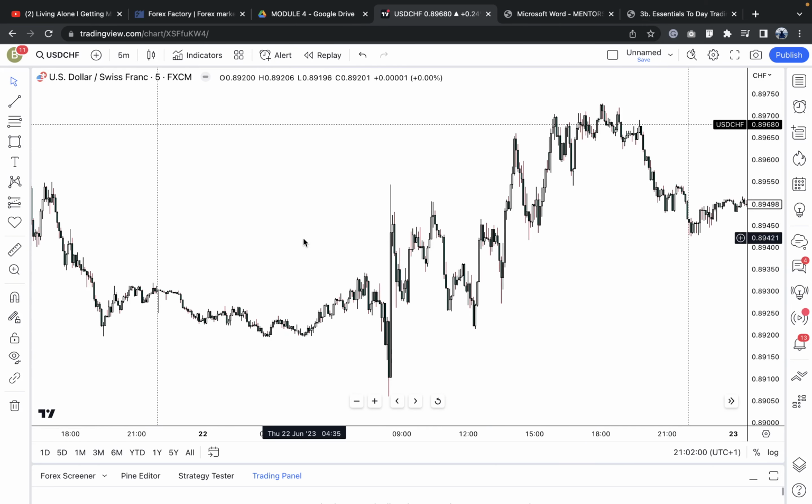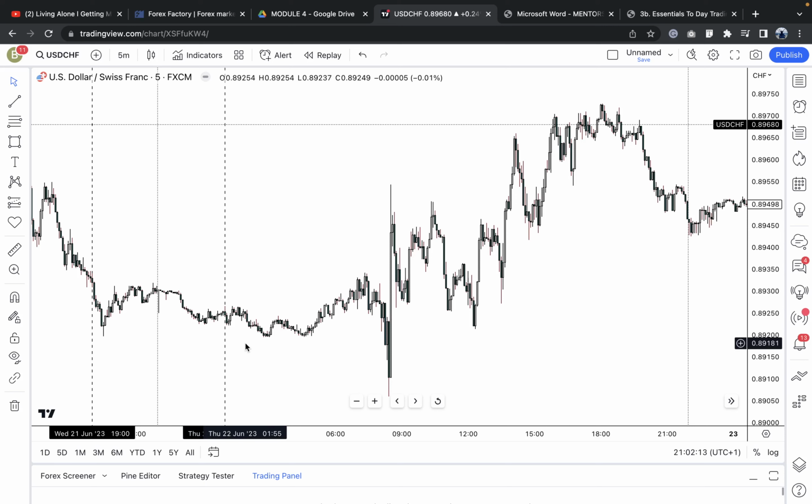So if we went back to the 22nd, you can see this is the start of central bank daily range, and then this is the end of our central bank daily range here.